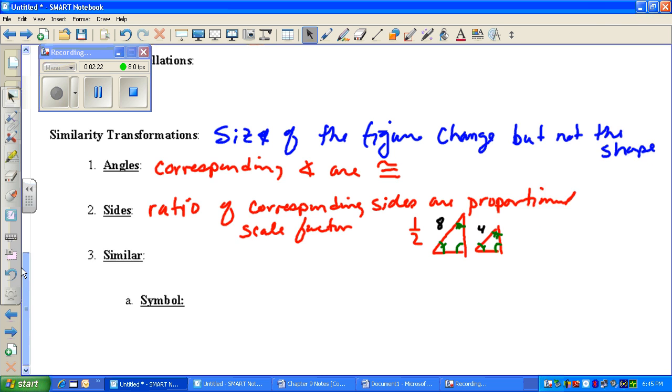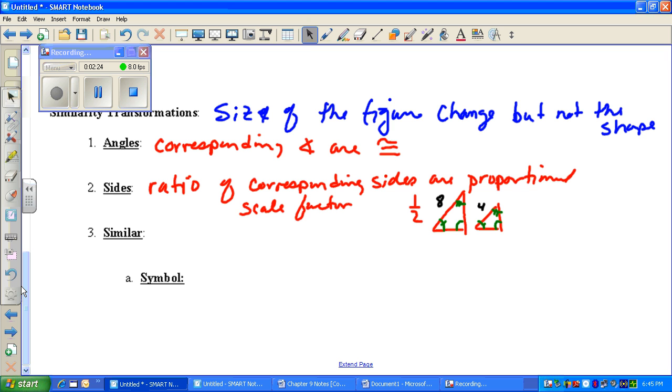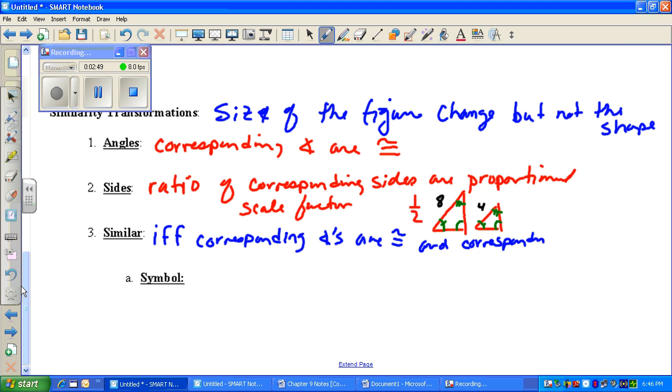And lastly, similarity. Something is considered to be similar if and only if the following: corresponding angles are congruent and corresponding sides are proportional.